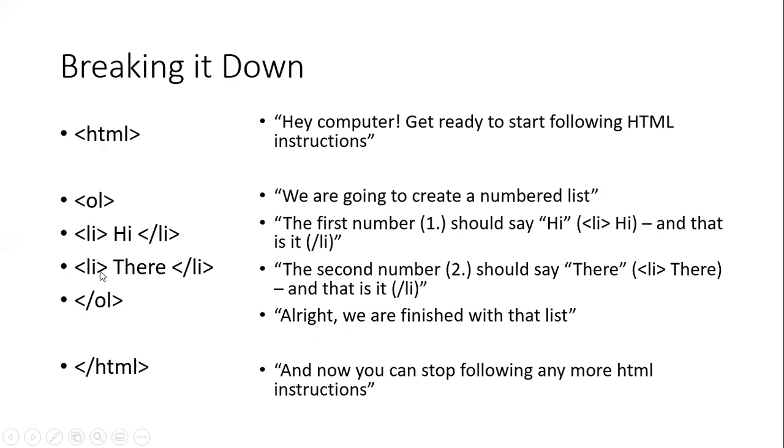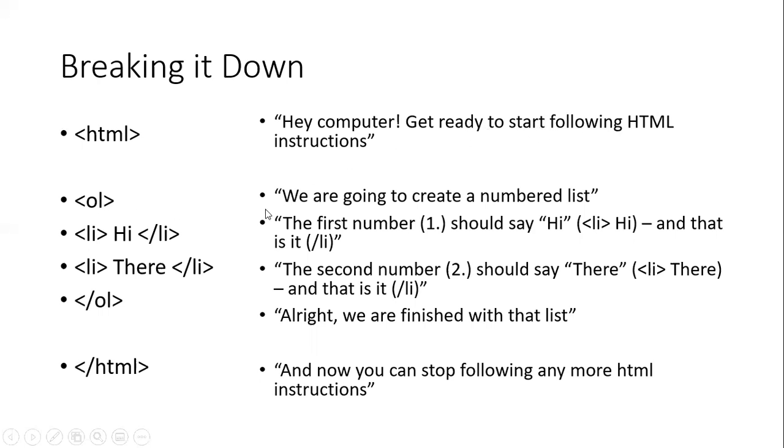Otherwise, it doesn't know what language it's using. It would be like if you walked up to a stranger on the street and started speaking Japanese or something, and they had never heard it before. They're like, what language are you speaking? I can't make any sense of this. So you need to tell it, hey, get your HTML dictionary out because I'm going to start talking to you in HTML and I need you to follow my instructions.